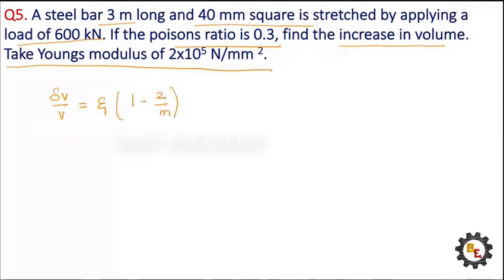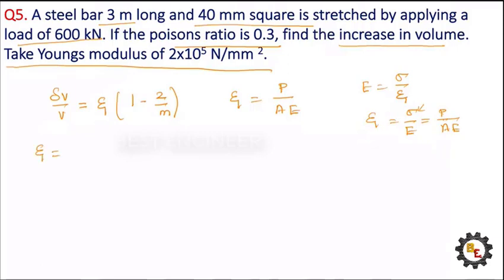This is the formula. We can find strain equal to load by area into Young's modulus, because Young's modulus equals stress divided by strain. We want to find the strain equal to stress by Young's modulus. We can write this stress as load by area and keep this E.